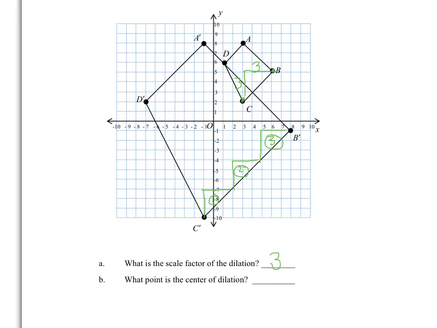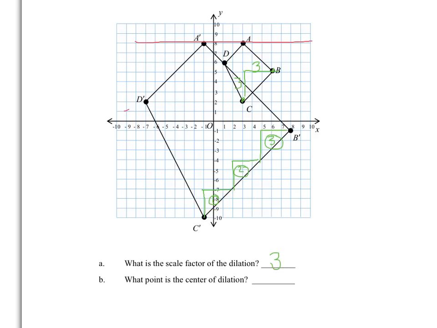For what point is the center of dilation? We're going to take our points like A prime and A, and connect them, and I'm going to extend it out a bit. So that line is the direction for our A's. Now I'm going to apologize, this is not going to look nearly as nice as yours. You want to do yours with the ruler.